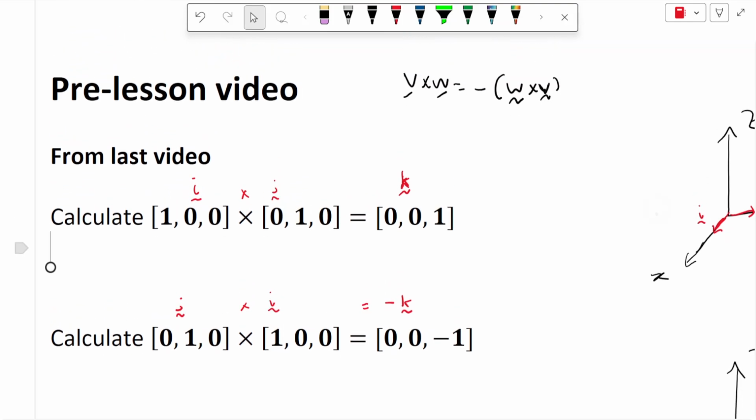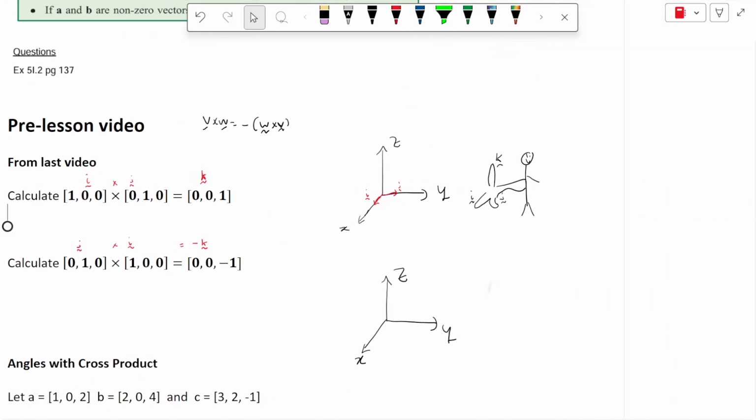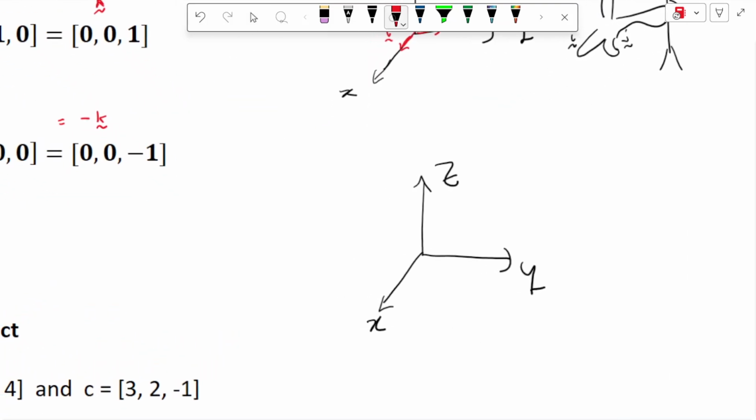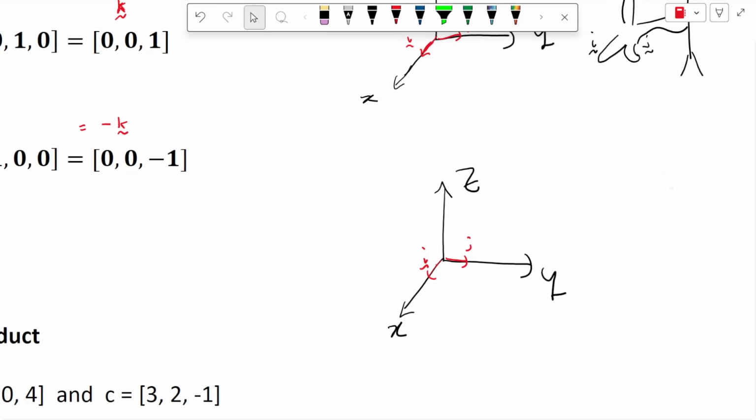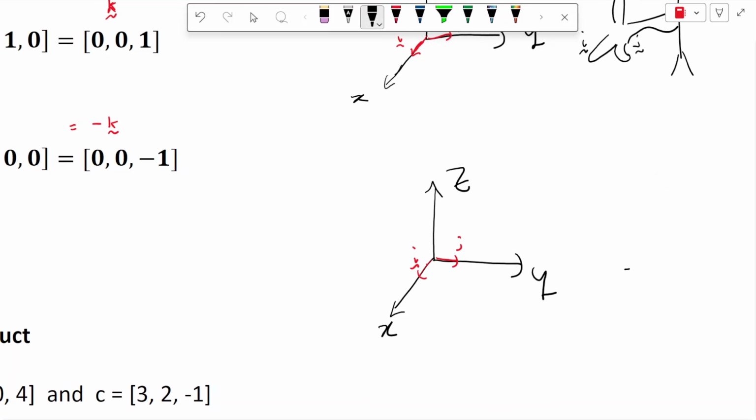You'd have to put your hand basically upside down for the next one. So if you tried to do j times i, there's i still and there's j still, but you have to sort of put your pointer finger there, and your middle finger there, and then basically you're forced to put your thumb downwards.